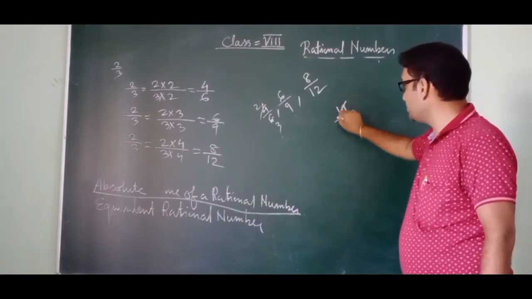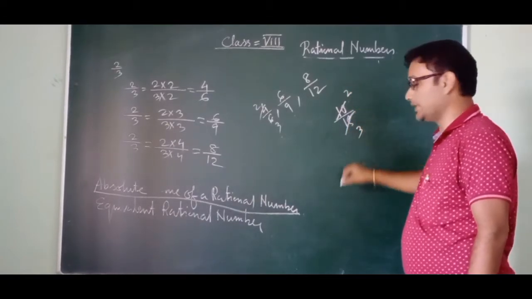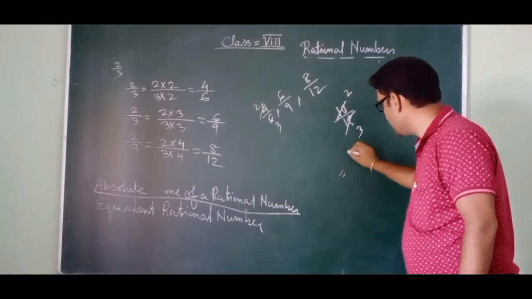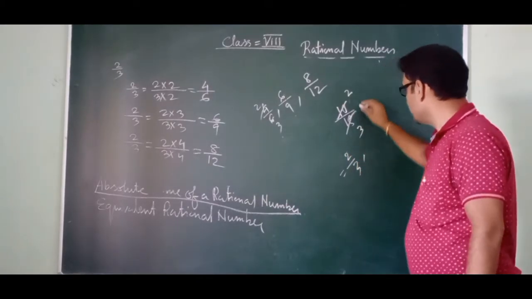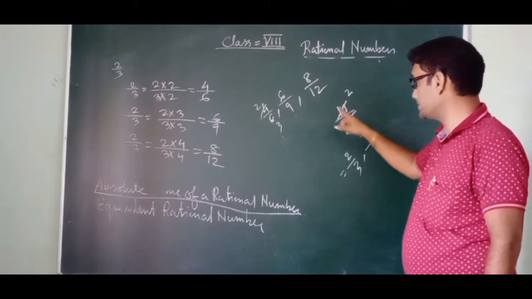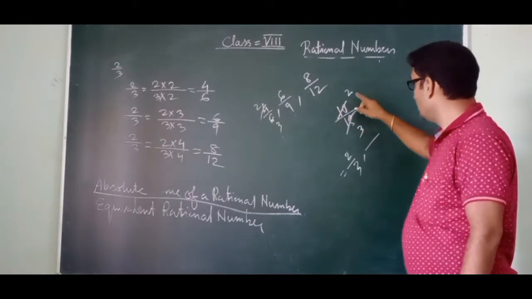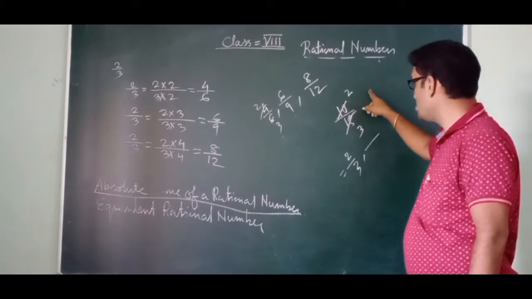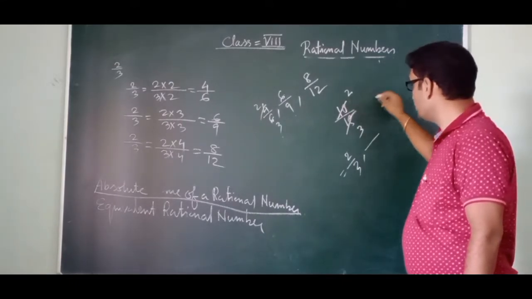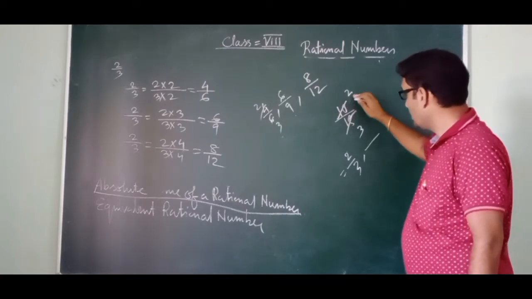If you reduce it, you will get 2 by 3. Then you can write 2 by 3, then 4 by 6, and so on. 3 more.